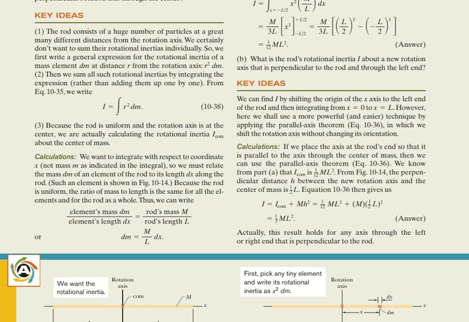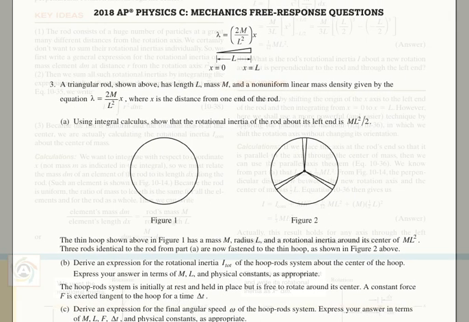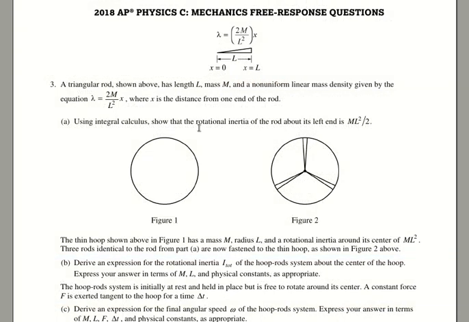For example, in the AP test, they have this example. Now in this case, you have a triangular rod, and it is not uniform. The linear mass density is lambda, which is this.